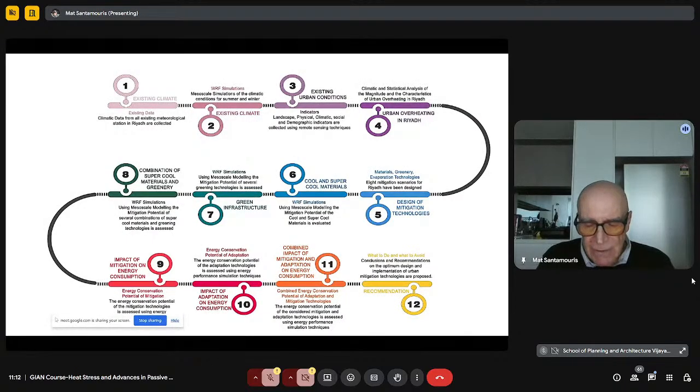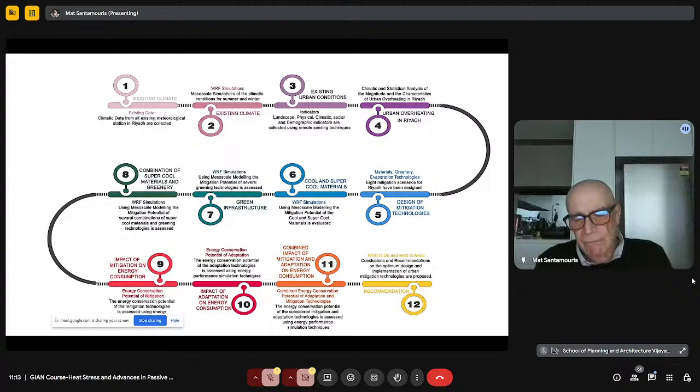Then we have to design mitigation strategies which fit with the sources of the overheating, we have to evaluate the potential of these mitigation technologies at the city scale and also during the different boundary climatic conditions. And we have to identify the best combination in order to achieve the best possible cooling potential for the city.